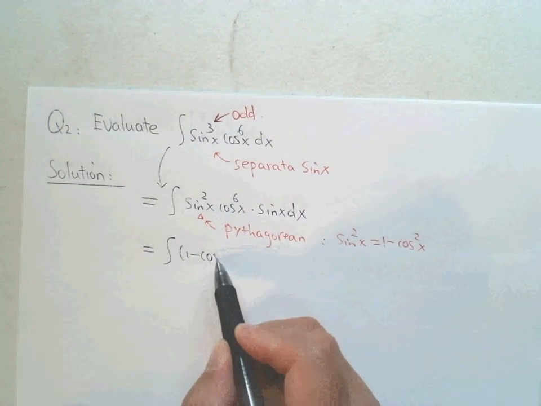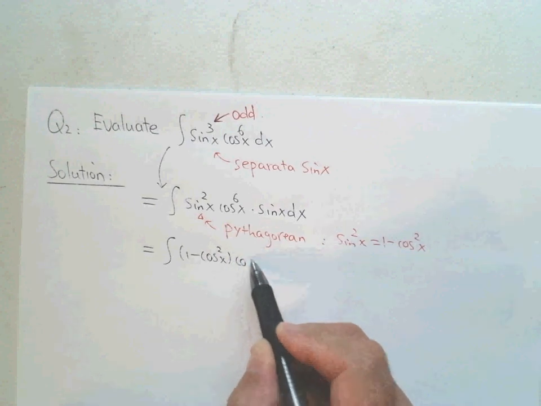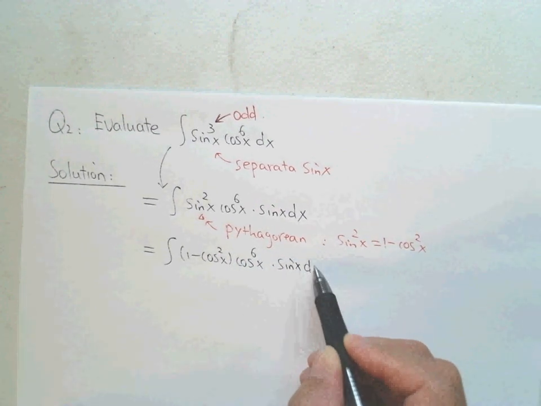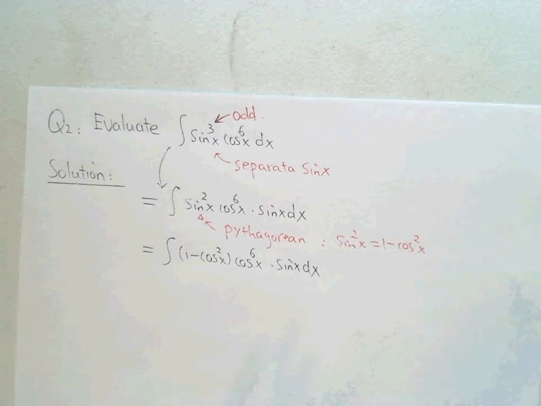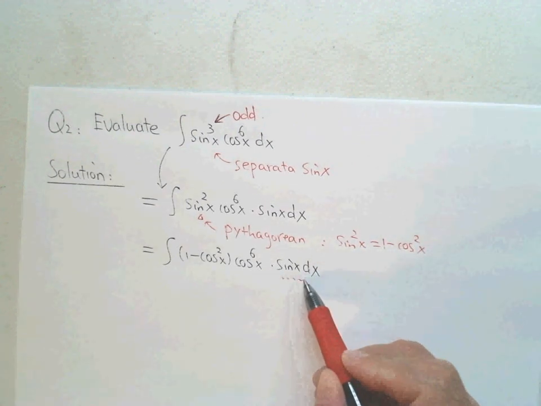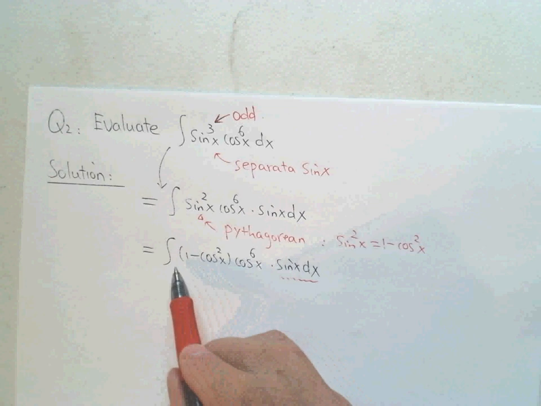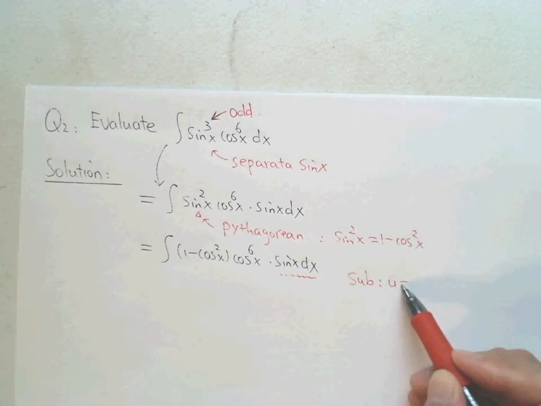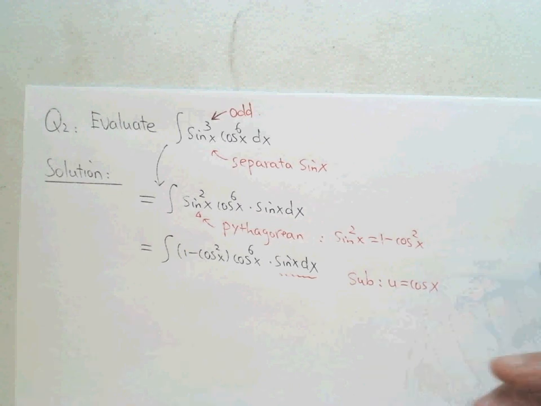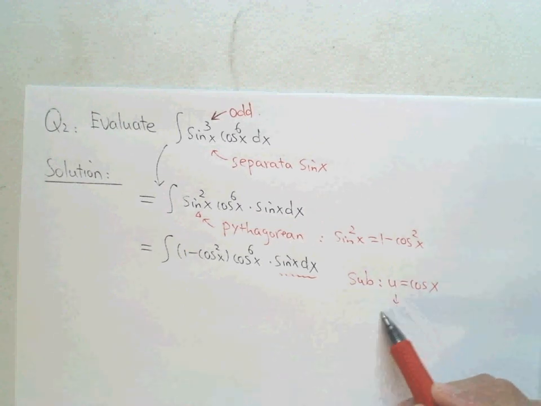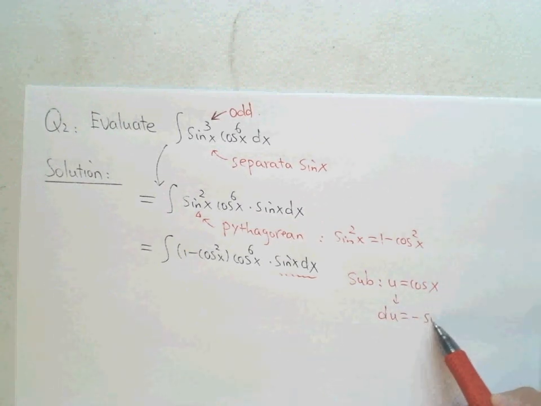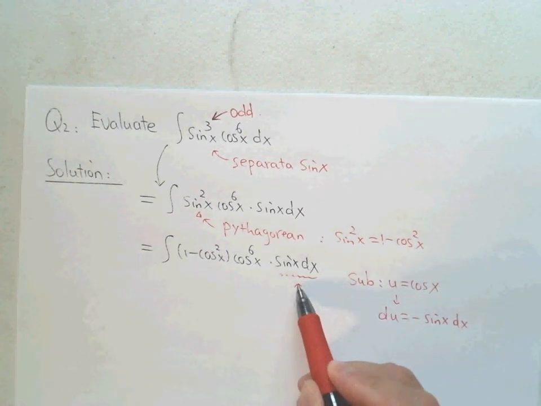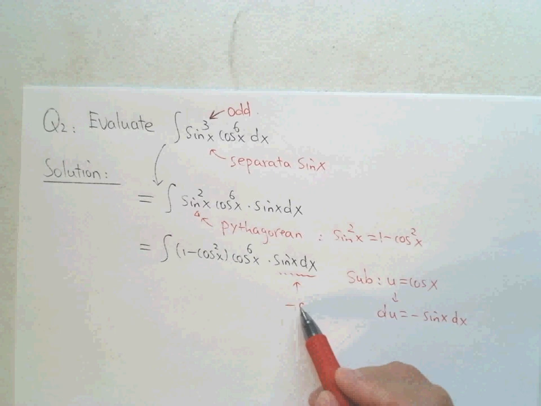This is 1 minus cosine square times cosine raised to the 6 times sine x dx. Now it's ready, right? Because this is d cosine and everything else is cosine, we can substitute. u equals cosine x. If we have this, du equals negative sine x dx. See, we do have negative du.